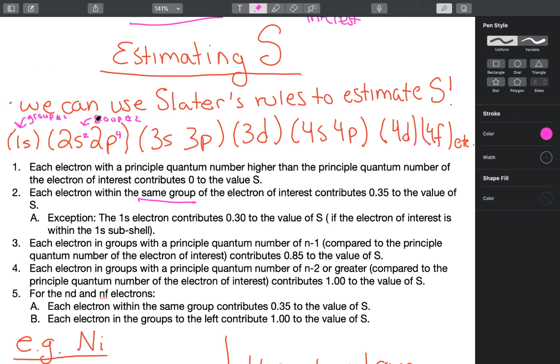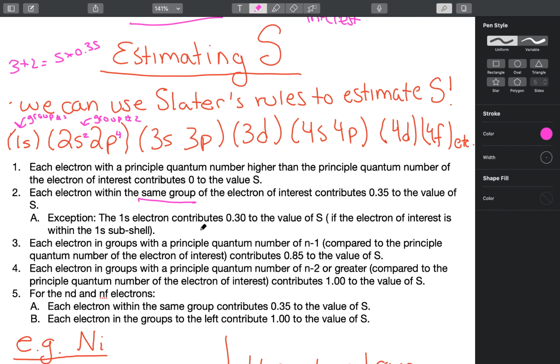So we would take 3, not 4, because we're not counting our own electron, plus 2. So that would equal 5. So remember that 2 comes from the 2s2 and the 3 comes from the 2p subshell. And we will multiply that 5 times 0.35, and whatever that comes out to, we would add to our S value. So that is rule number 2.